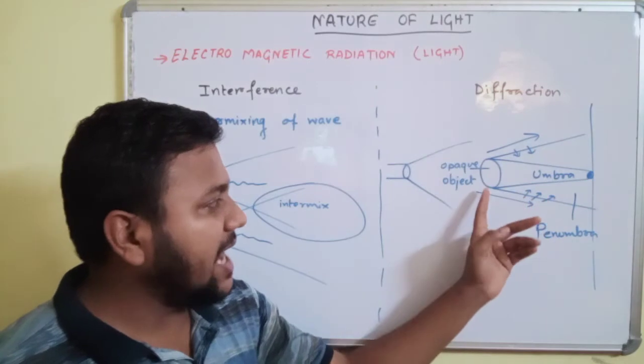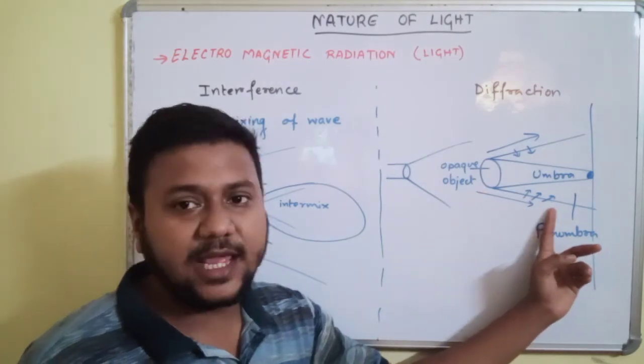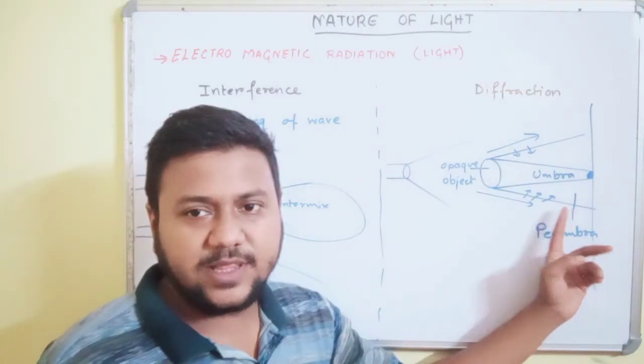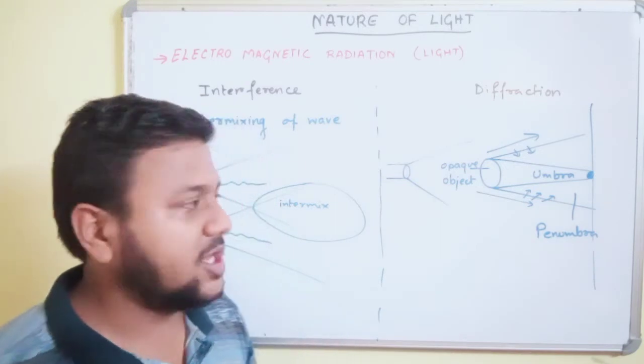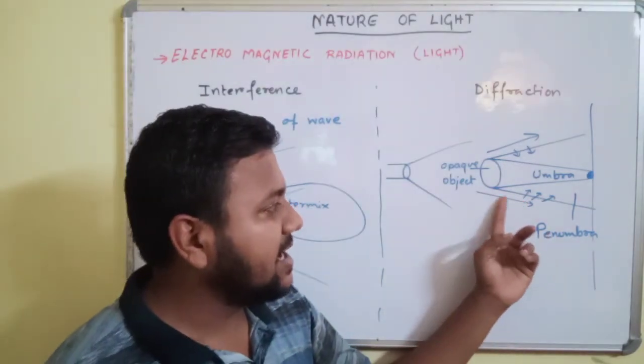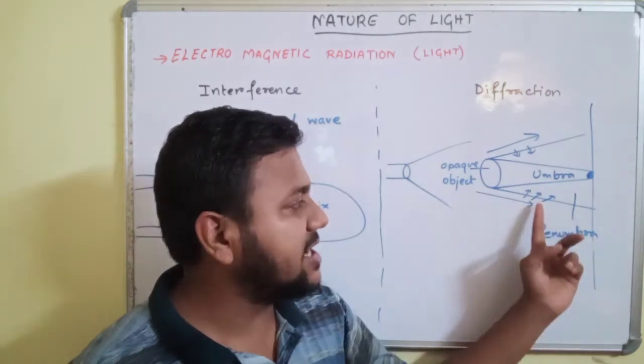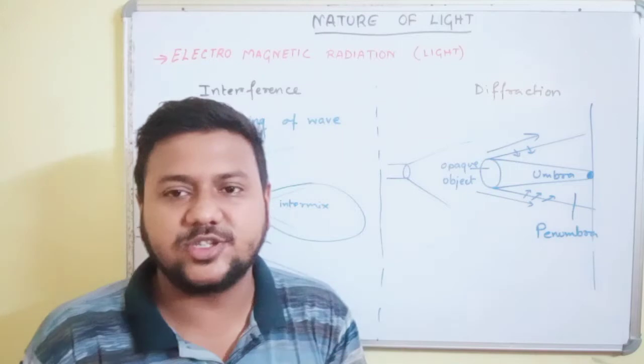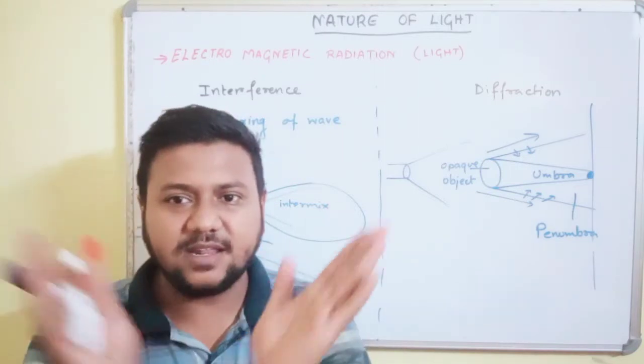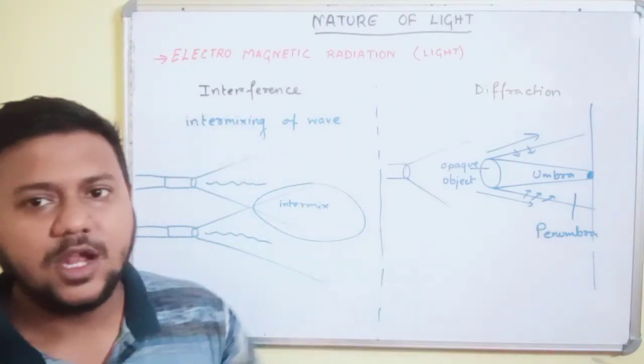The light must pass in a straight line and cannot pass through an opaque object, but we observe that the light passing in a straight line is a little bit diffracted in different directions. The scattering of light in different directions is called diffraction.